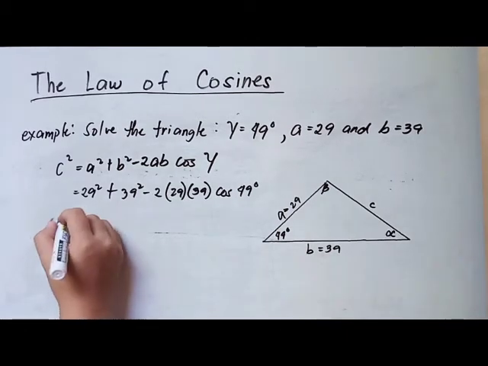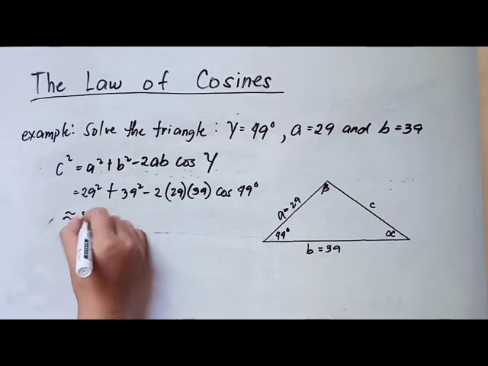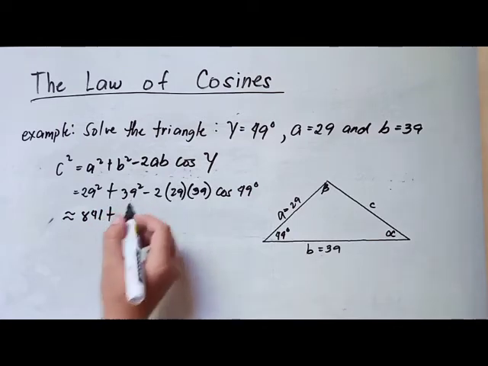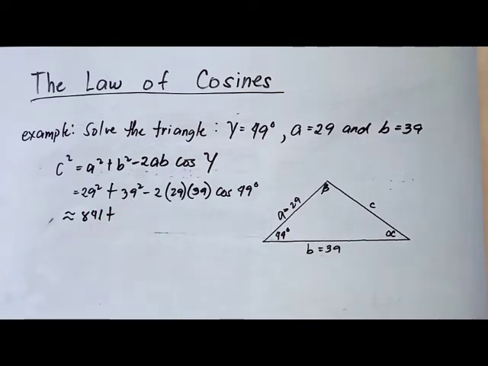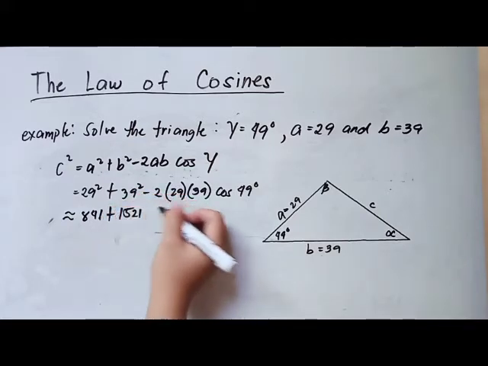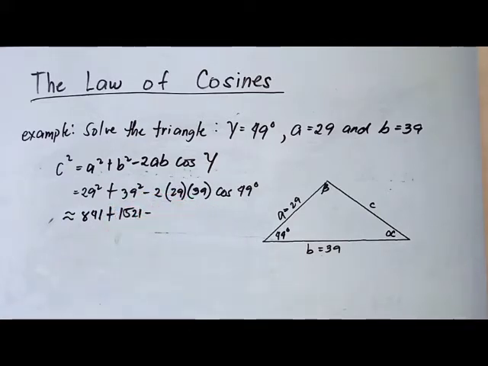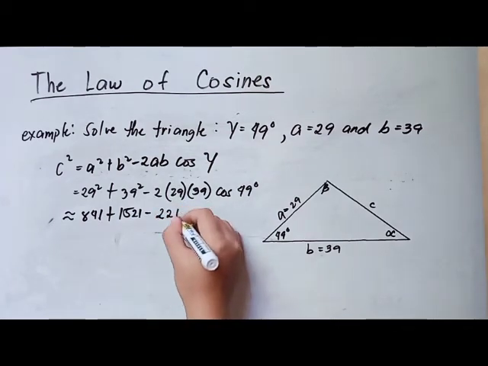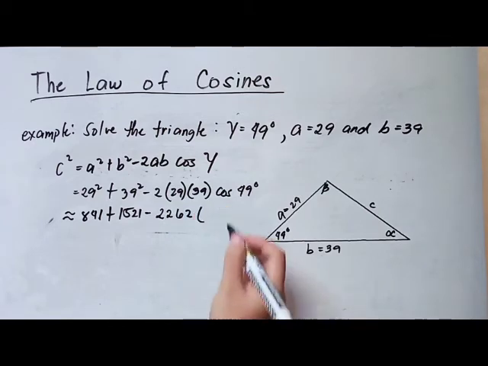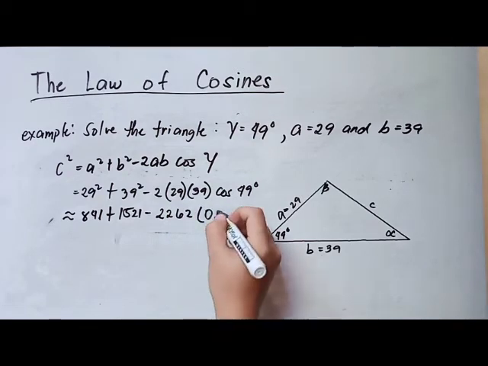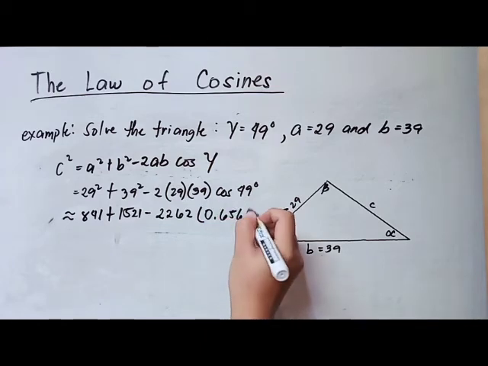So that is approximately 841 plus the square of 39, which is 1521, minus 2,262 times our cosine 49, 0.6561.